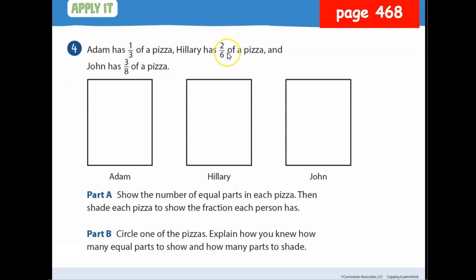I'm looking at my denominator, correct? Three. Hillary has 2/6 of a pizza. How many sections does she have? Six. I'm looking at the denominator, the number at the bottom. This is 468.